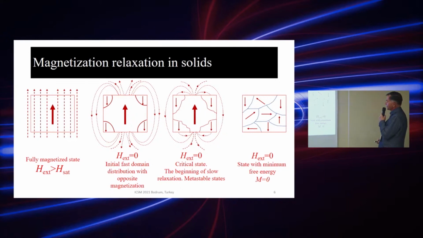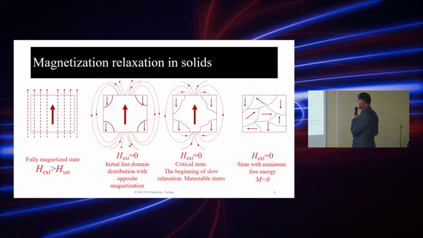If we deal with bulk, we apply an external magnetic field much greater than the saturation field, and we have the homogeneous magnetization. As soon as we switch off the external field, first an initial fast domain distribution with opposite magnetization occurs, and then domain walls start to be pinned, and we arrive at the critical state, and the slow magnetization relaxation begins, and it passes through various metastable states.